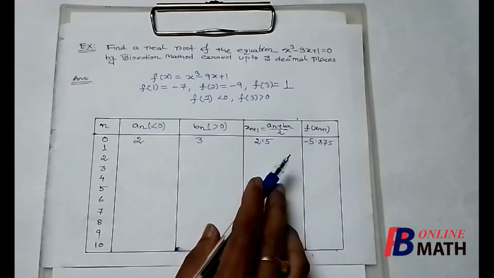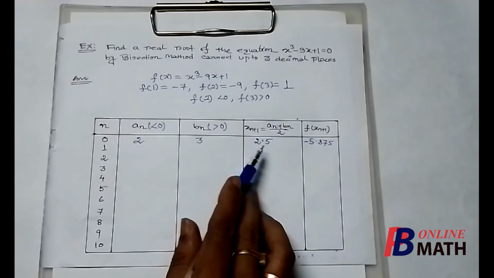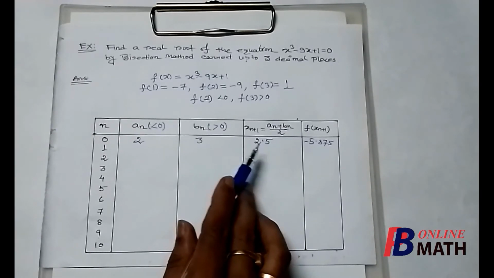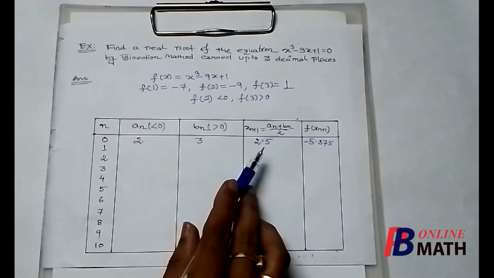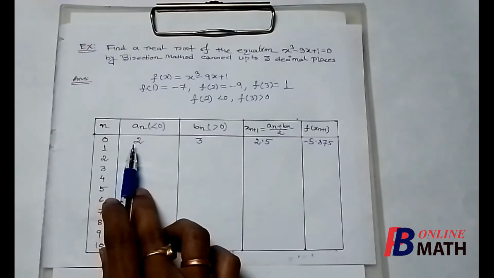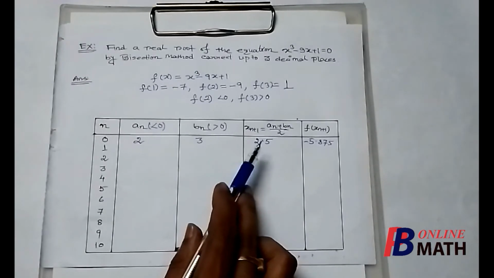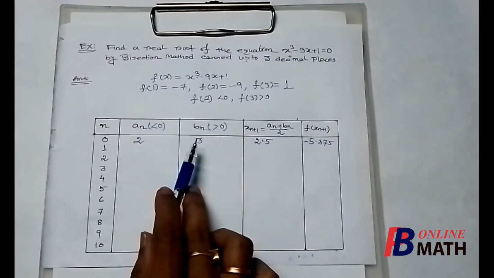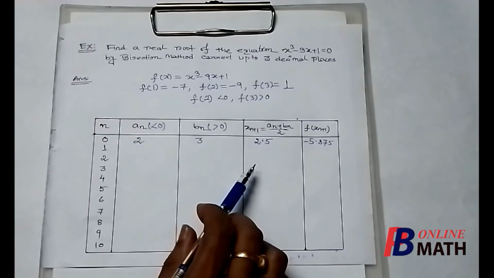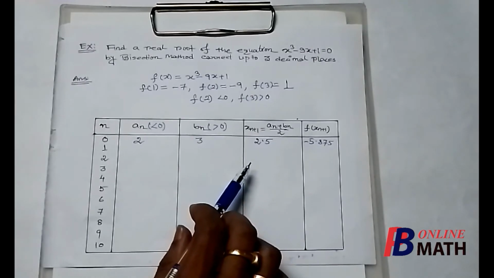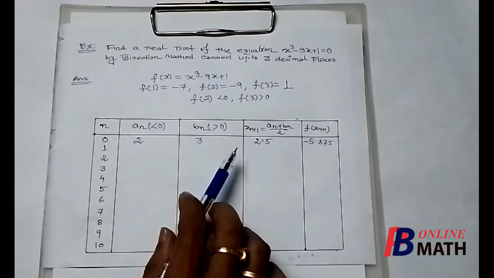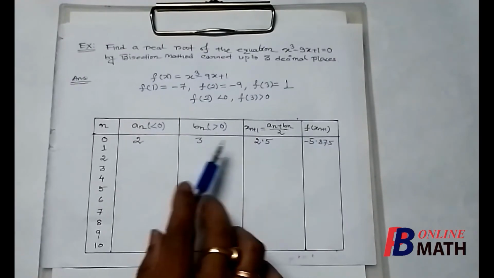That means the functional value at 2.5 is negative. So by the bisection rule we find that f(2) and f(2.5) have the same sign, but f(2.5) and f(3) have different sign. So in the next step we can conclude that the root lies between 2.5 and 3.